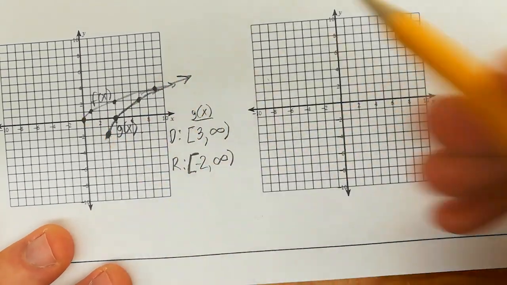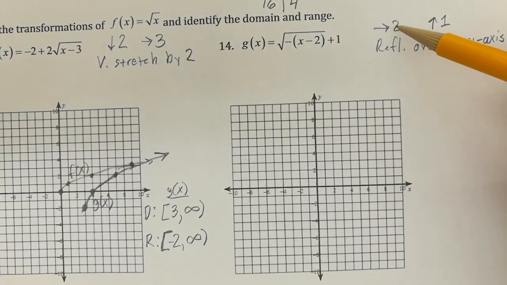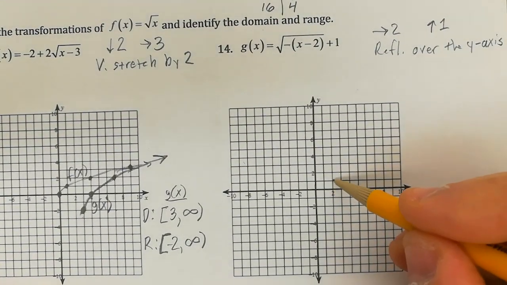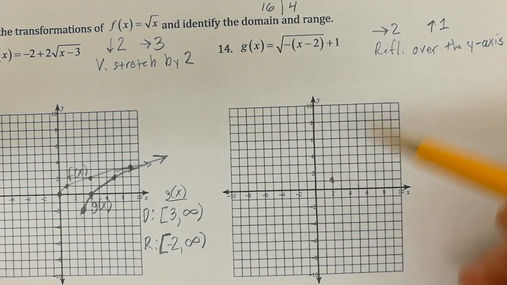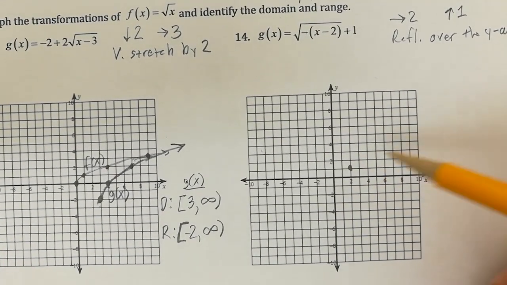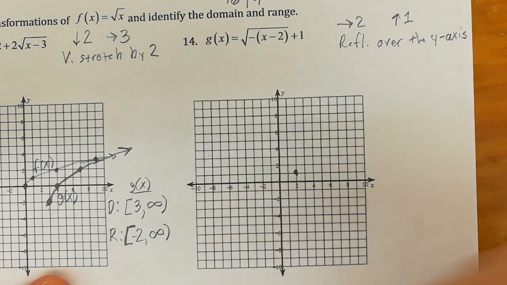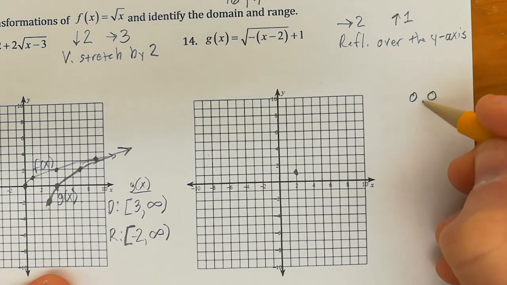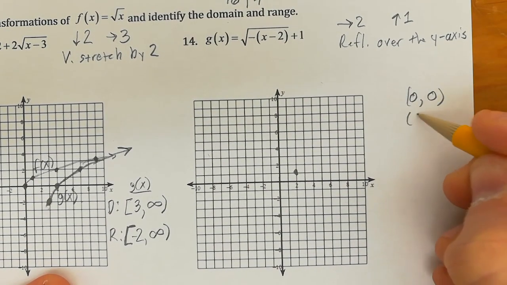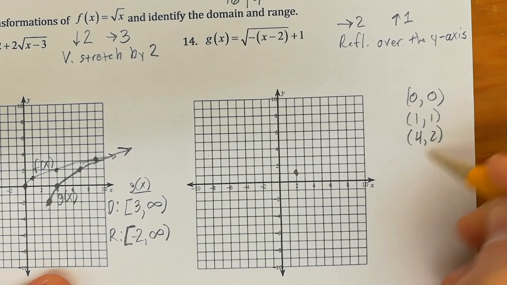So that point at (0, 0), well, that's going to shift right 2 and up 1. There's no stretch here, there's just a reflection. We don't always have the luxury of having the parent function in front of us, but you can create the reference points from just the parent function pretty quickly. Then we'll just use those 4.